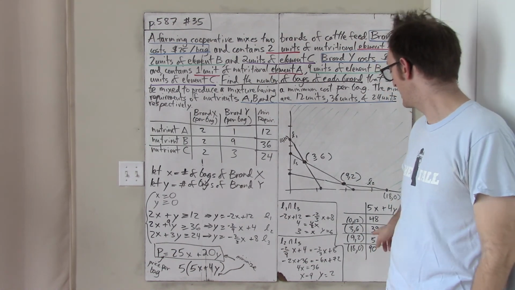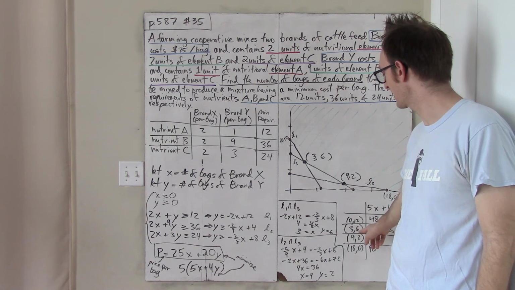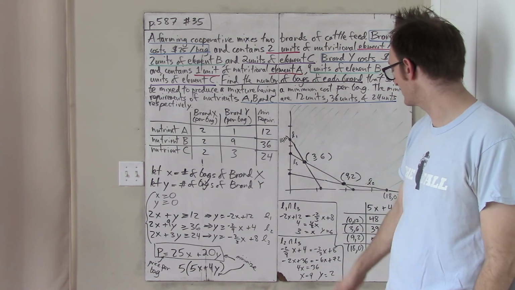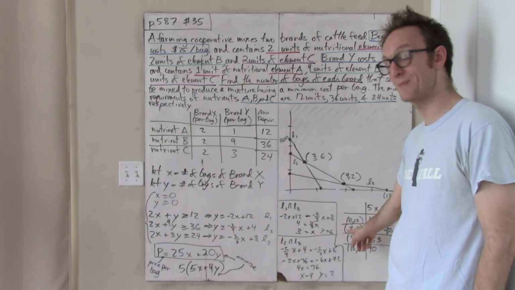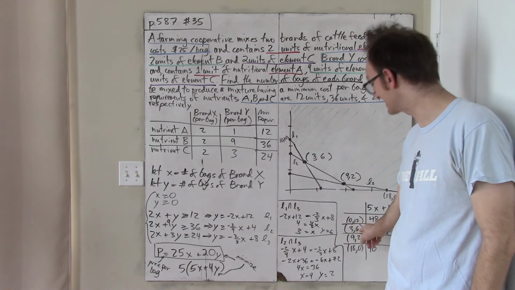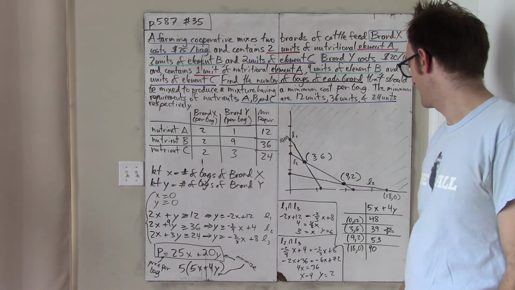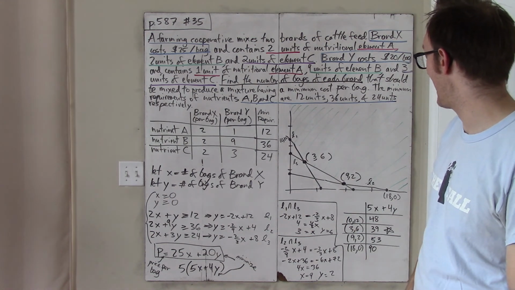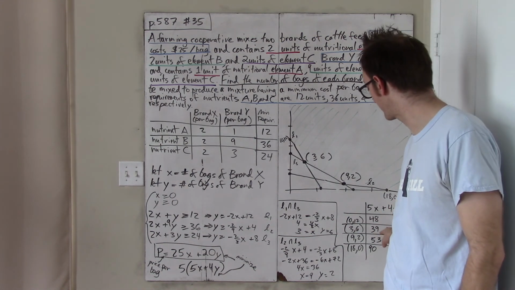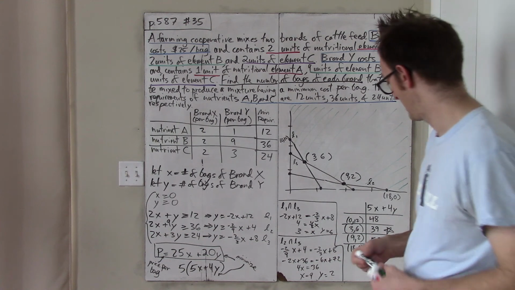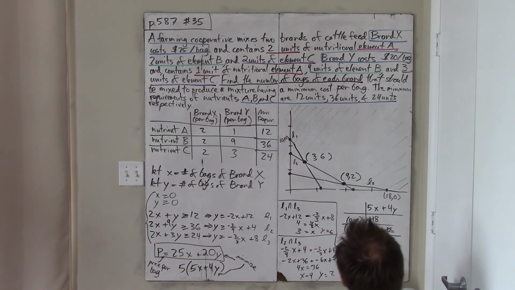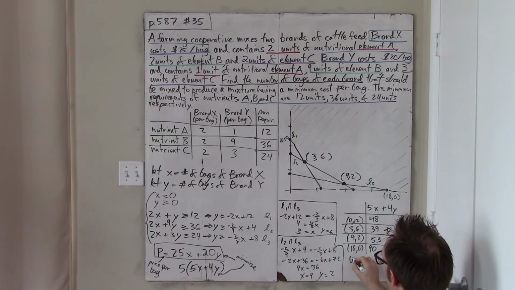Etc., etc. So the best option that also meets all these requirements is to use 3 bags of brand X and 6 bags of brand Y, and that meets all the requirements, but it gives me a cost of 39 times 5.